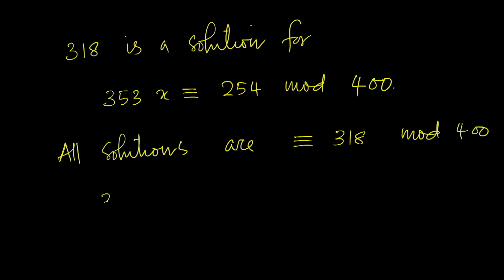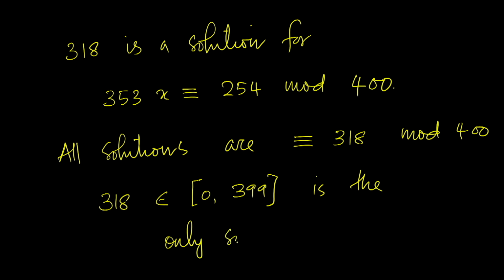In other words, 318 intersect 0 to 399 is the only solution. In the interval 0 to 399, 318 is the only solution.